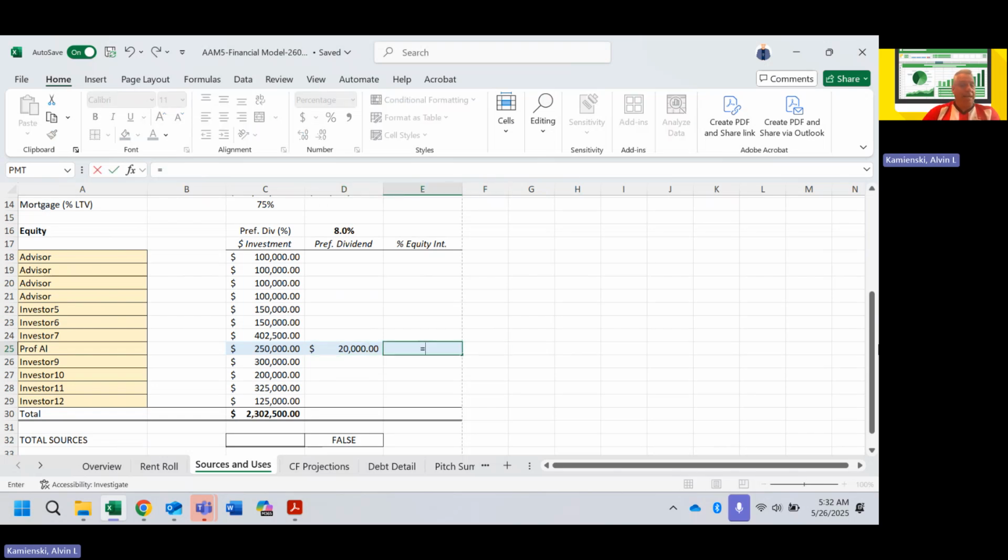And then my $250,000 divided by all of the other investor funds is going to entitle me to roughly 11% ownership of your building.